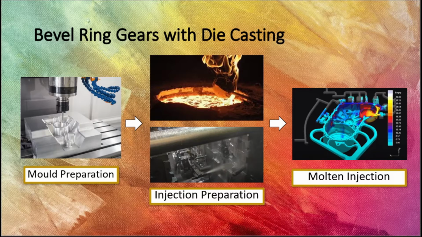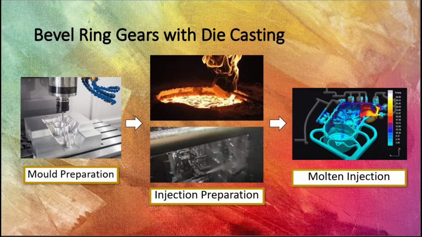The desired material for the bevel gear is heated in the furnace until it becomes molten, and then lubricant is sprayed on the cavity surface to prevent the die casting from sticking in the mold after solidification. After that, the two molds are assembled compactly and ready for molten injection.